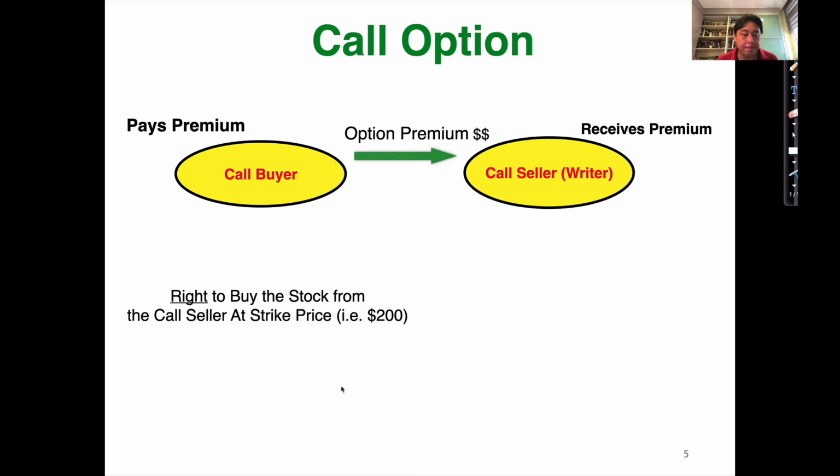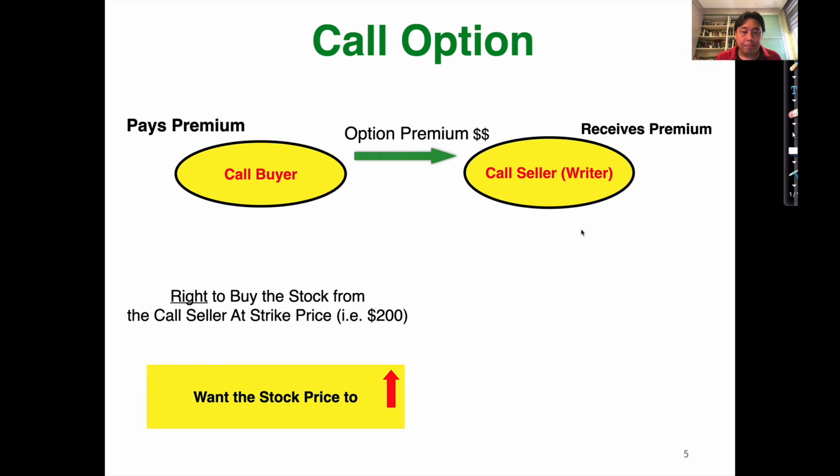Many choices. So once again, as the buyer of the call, you want the stock price to go up. Remember, the higher the stock price goes, the more valuable the calls are. Stock price goes up, the call premium increases, so you can then sell the call at a higher price and make a profit. Buy the call at a low price, sell the call at a higher price.